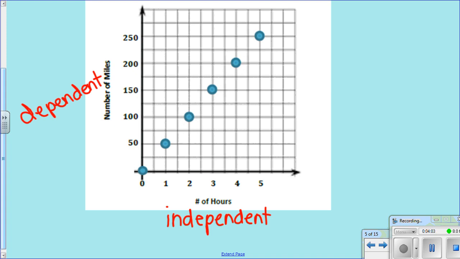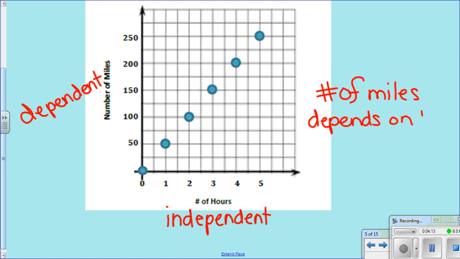And what this graph is saying is that the number of miles depends on the number of hours.